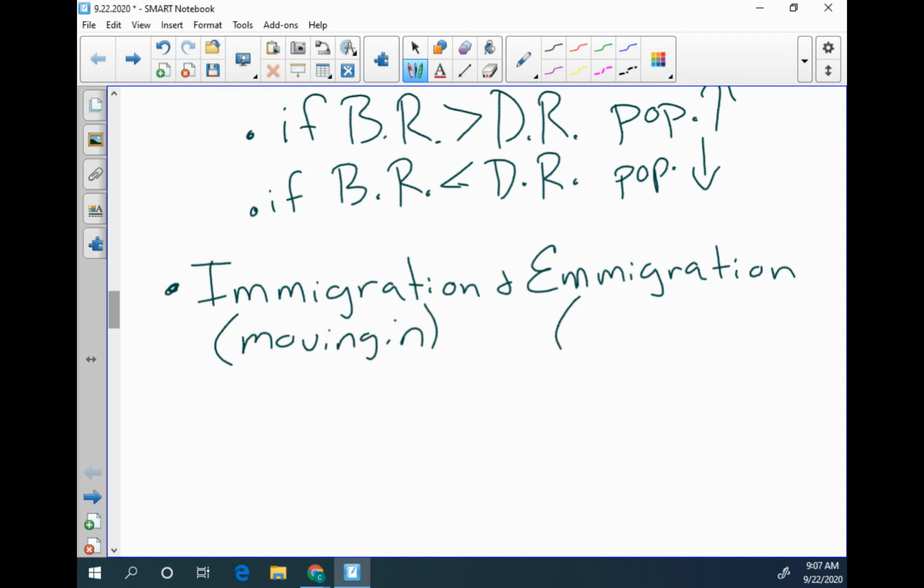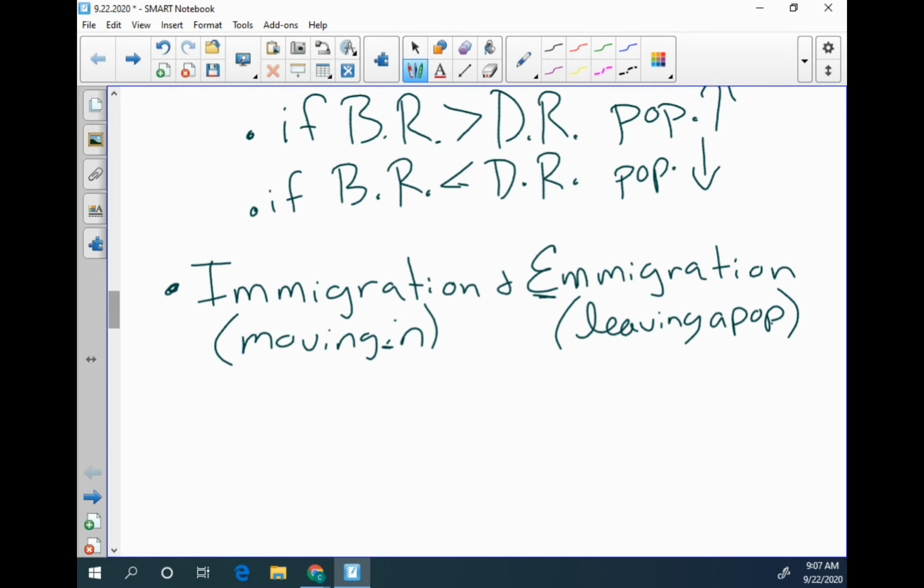Emigration is leaving a population. So I always remember it as I, immigration, in; E, emigration, exit. If that helps set those straight. So just as birth rate and death rate affect the population, the amount of individuals moving in and moving out will also affect the population.